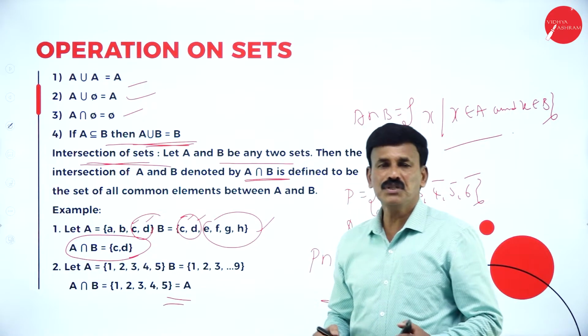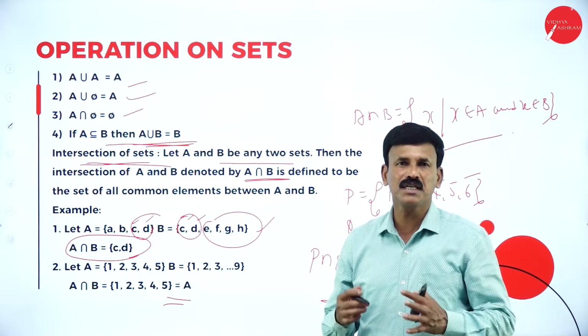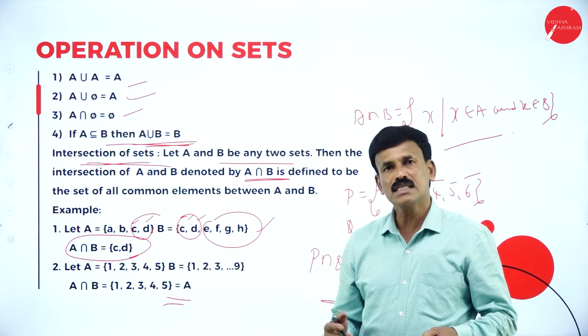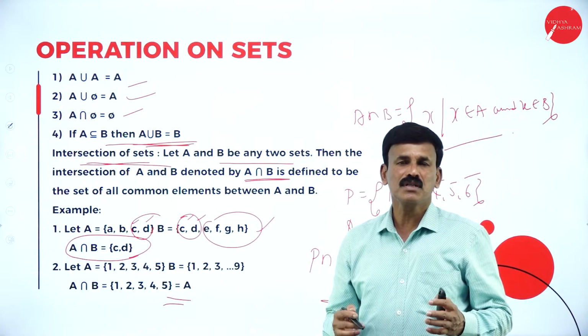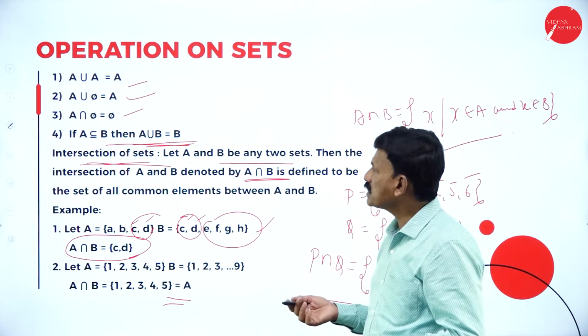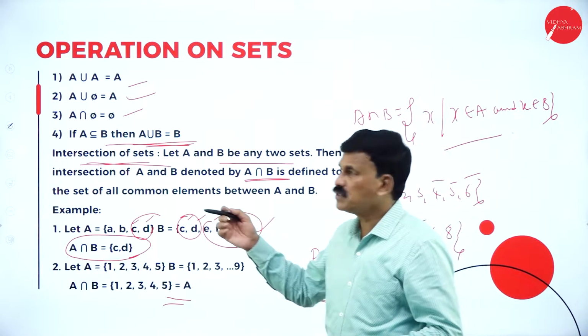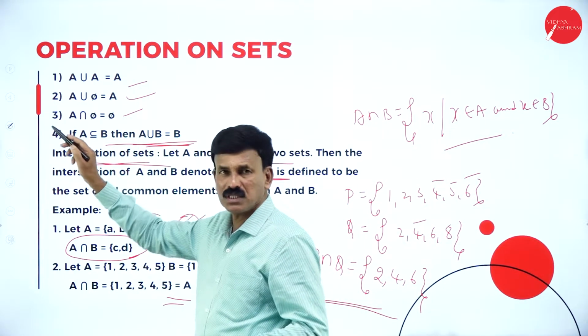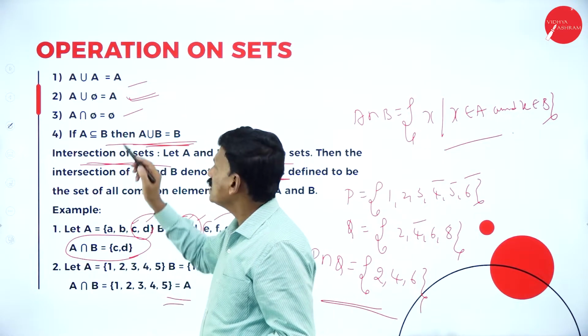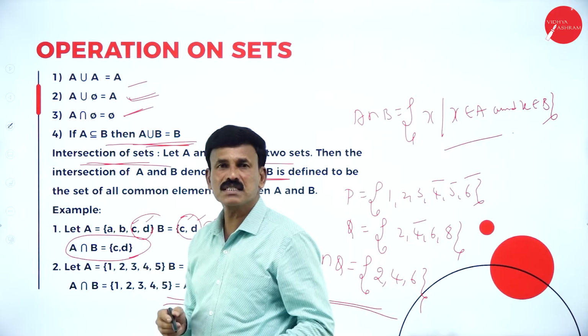Now A union B is the set of all the elements which are in A or in B, whereas the intersection of sets means the set of all the elements which are in A and B, that is the common elements. Now let us come to the next one. Therefore the union of a set and a null set is the set itself, and the intersection of a set and a null set is a null set.